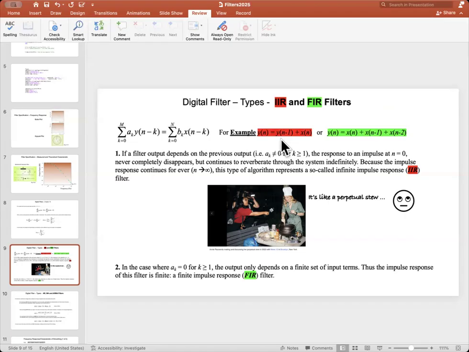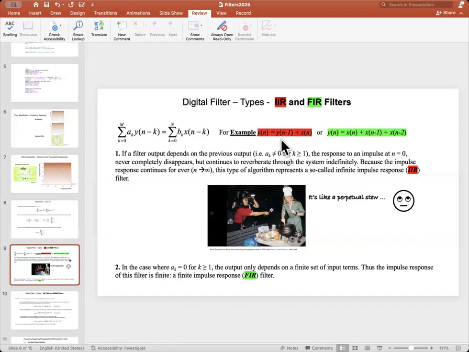I sometimes compare this with a perpetual stew. One of my children is a professional chef, so that's the reason I think that's appealing. You have that stew and you eat the stew, but not completely. Then you add new components to the stew, so some of the previous stew is still in the new stew.